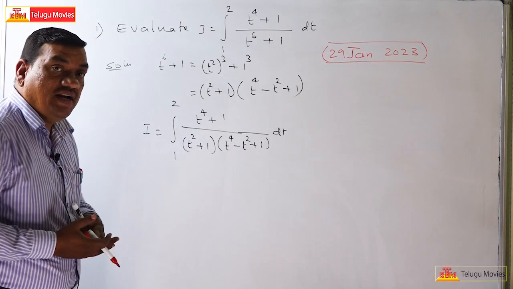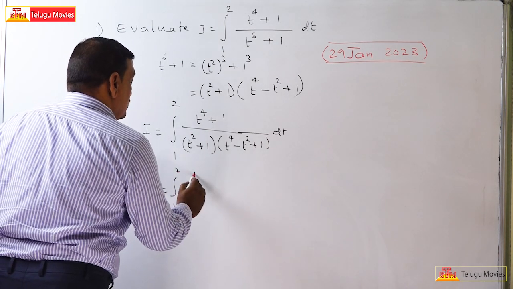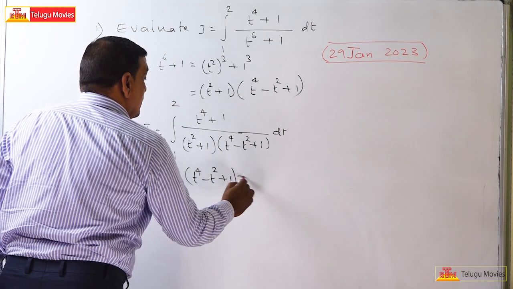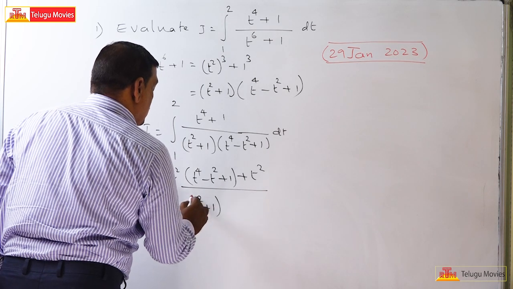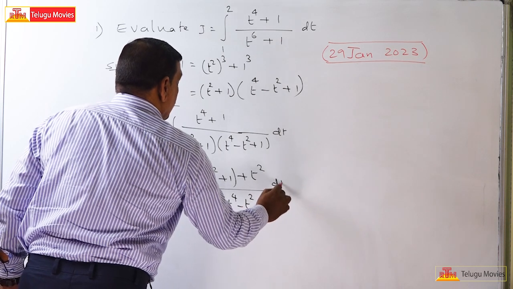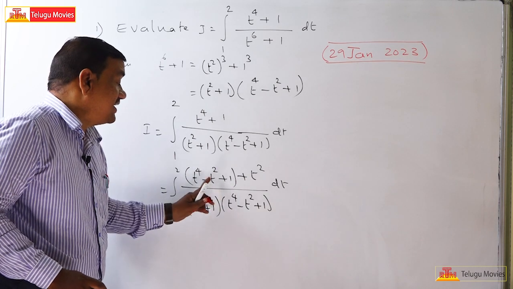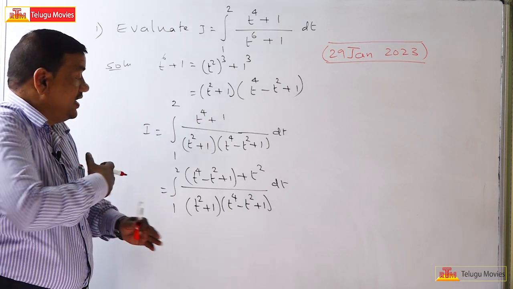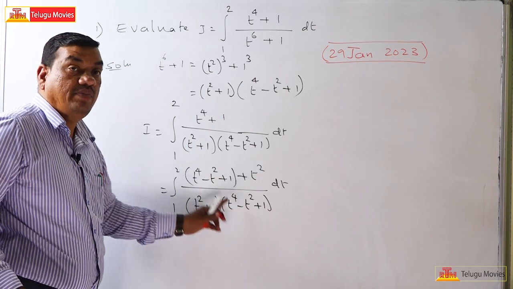So to rearrange the terms in the numerator like this, integral 1 to 2, t power 4 minus t square plus 1 plus t square, over (t square plus 1) into (t to the power of 4 minus t square plus 1) dt. In the numerator, we added and subtracted t square, plus t square minus t square. Separate this; these two will be cancelled.